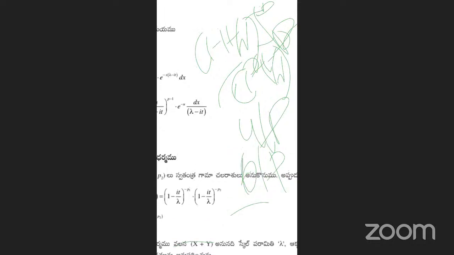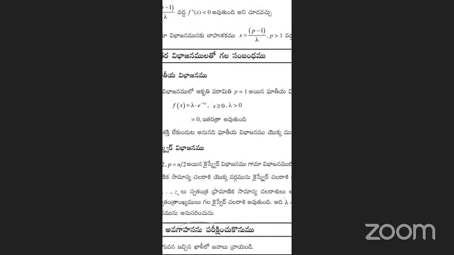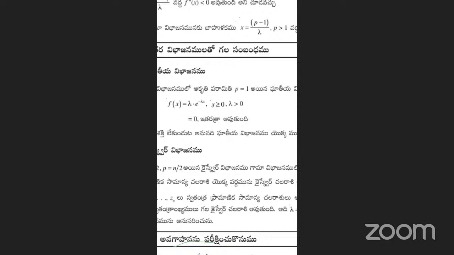Now, some transformations. What are the transformations? In gamma distribution, if you substitute lambda equal to 1, p equal to 1, it follows exponential distribution.